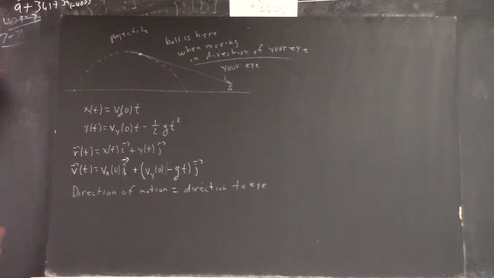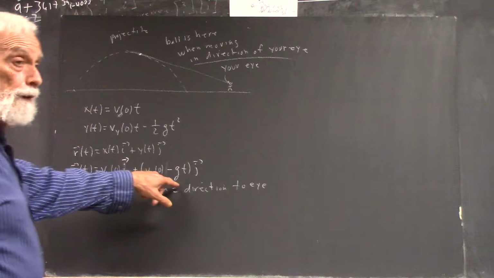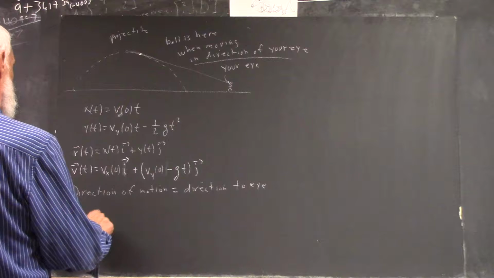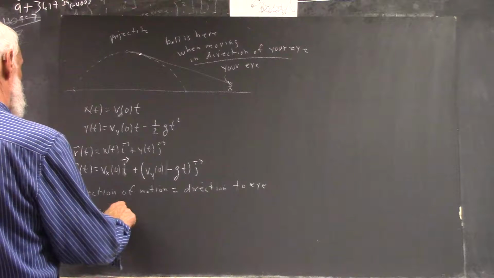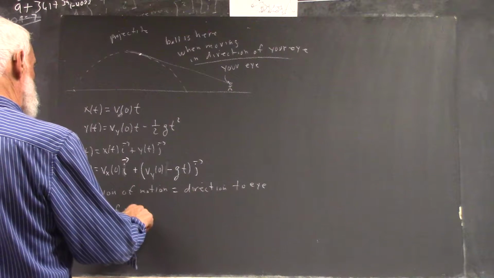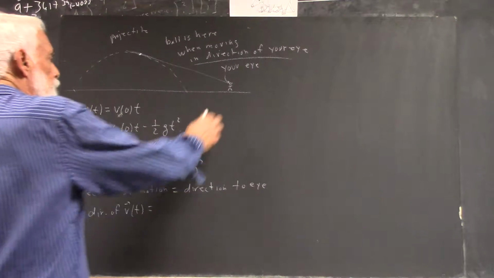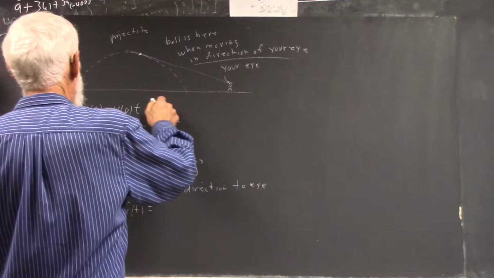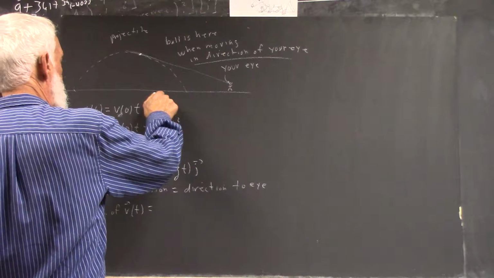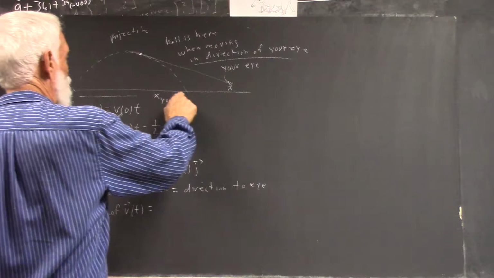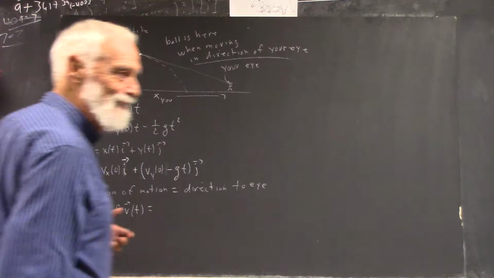Well, the direction of motion is the direction of v of t. Now, having said where you are, we're going to say that this is x u, y u.